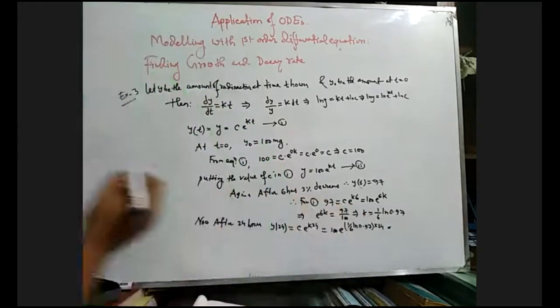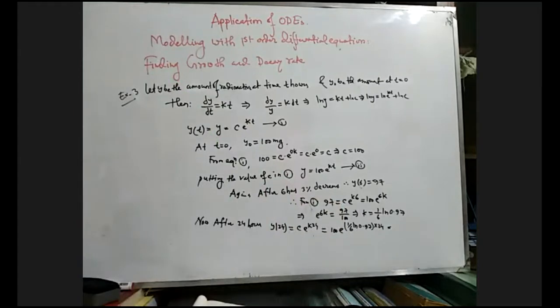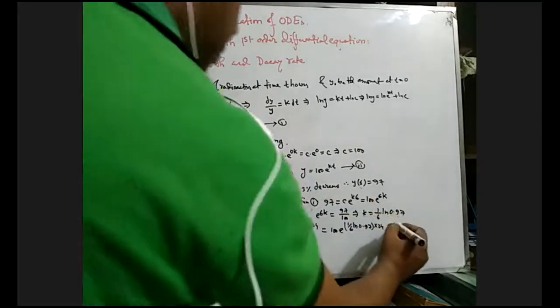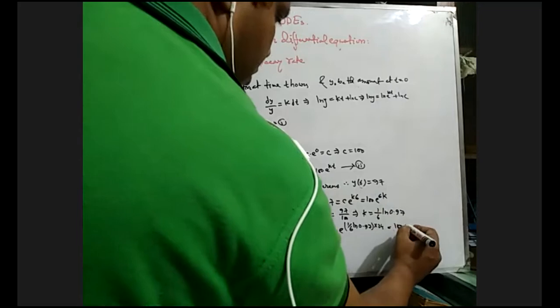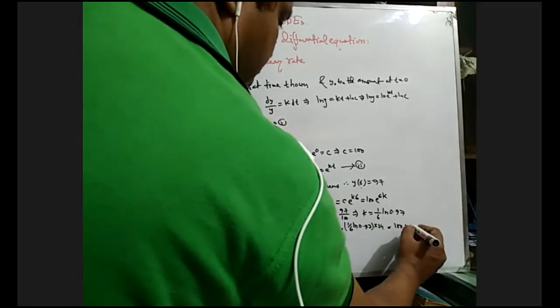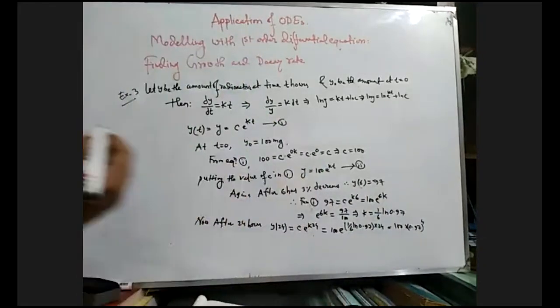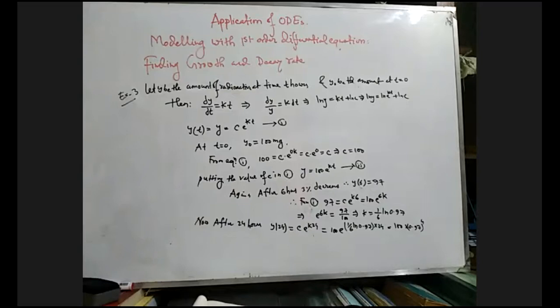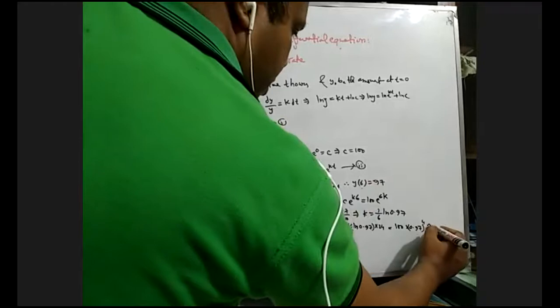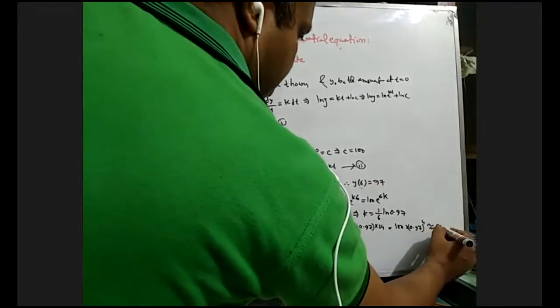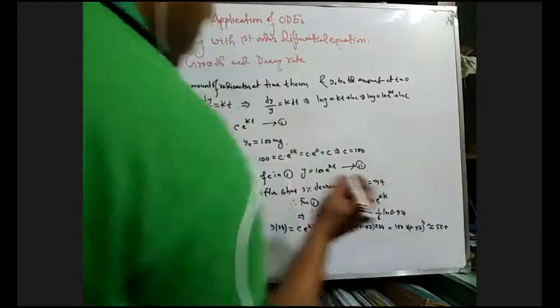So using a scientific calculator, here we get 100 into 0.97 to the power 4, which is approximately 88.5.